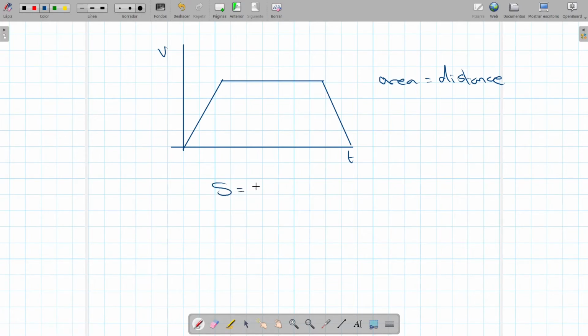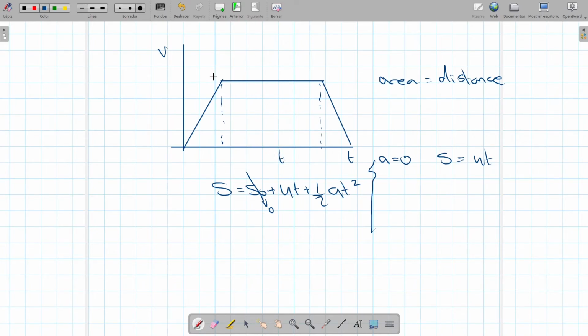The second equation of motion was this. Okay, so let's consider that we start at the origin, so that's 0, and in the case where we have no acceleration, then we have a constant movement with this equation. And that area was the horizontal line.